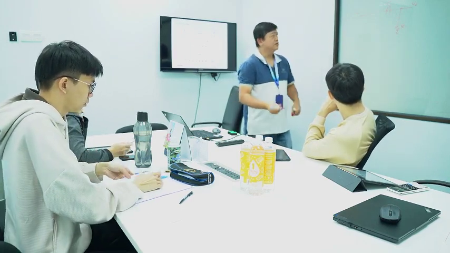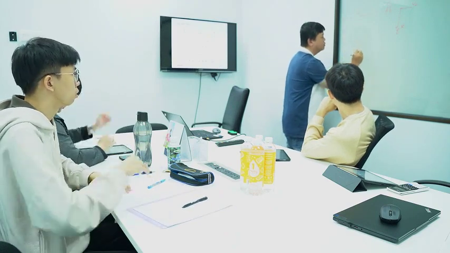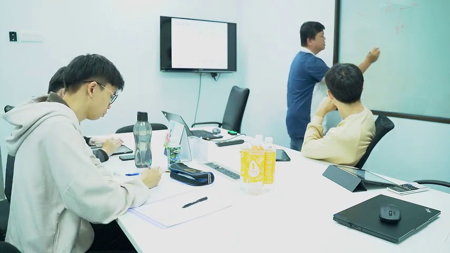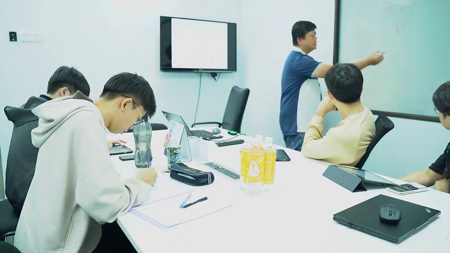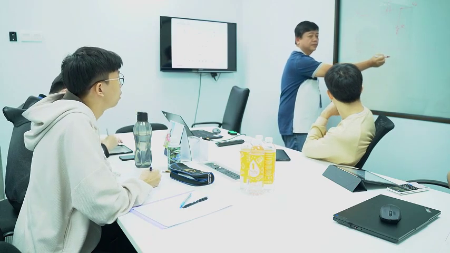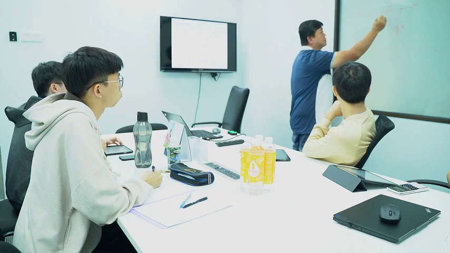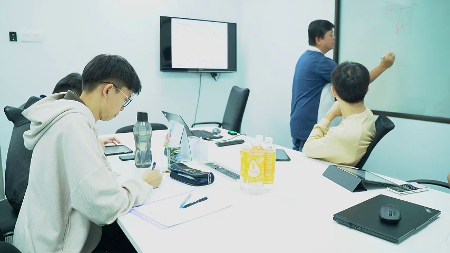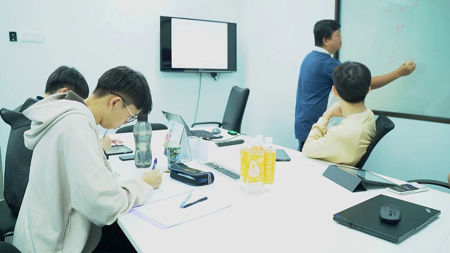So how to derive this equation here? V out over V in. First, of course, you need to add together all impedance in the denominator. This impedance is equal to 1 over SC plus R, right?